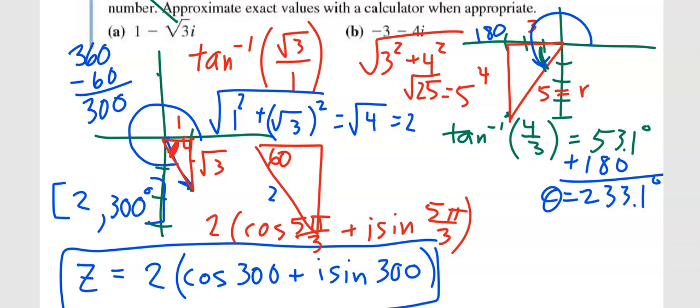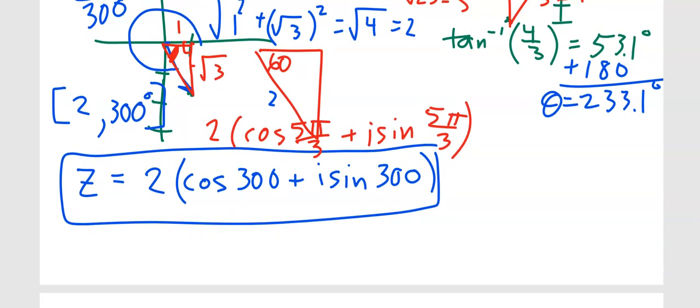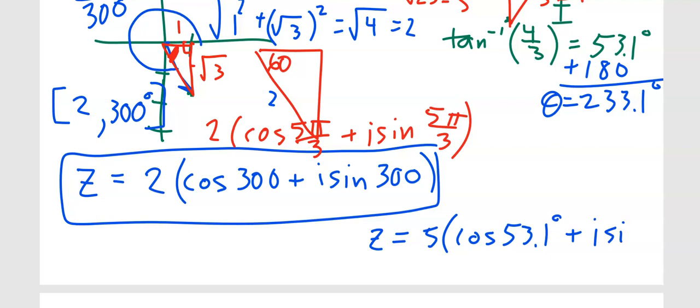All right. So I might have to scroll down here. In this case, the z would be 5 cosine 53.1 degrees plus i sine 53.1 degrees. Why did I say 53.1?